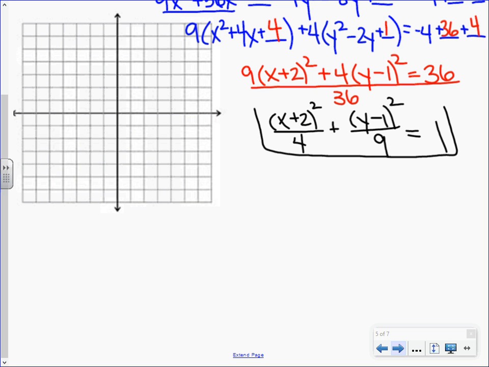Tanner, which way does this open? And how do we know that? Okay, A is bigger than B, 9's bigger than 4, so since the bigger denominator is with the y, we open vertically.